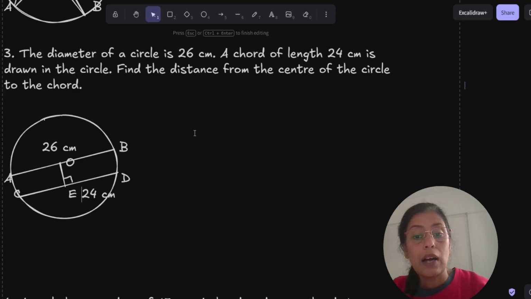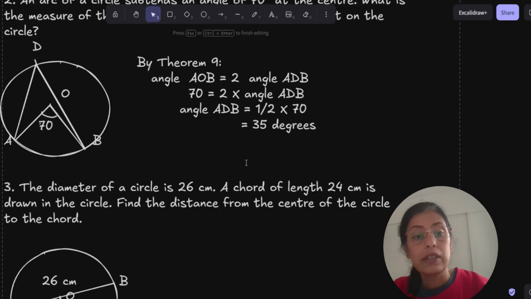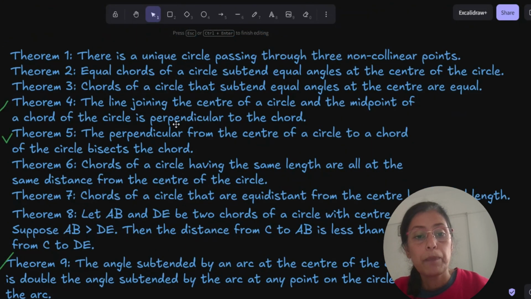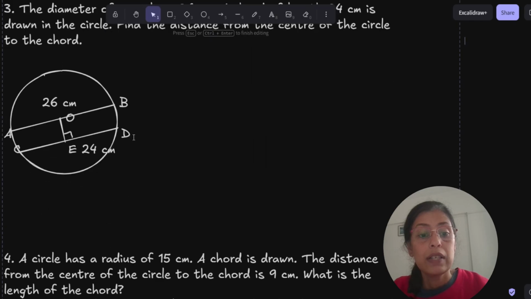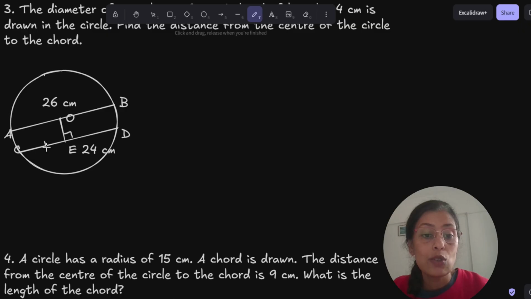Now, again, what is it that you see here? The most important thing, I told you, from your questions point of view, a few theorems are very important. One of those is theorem 5: the perpendicular from the center of a circle to a chord of the circle bisects the chord. So we need to remember that this E is dividing this chord into two equal parts.